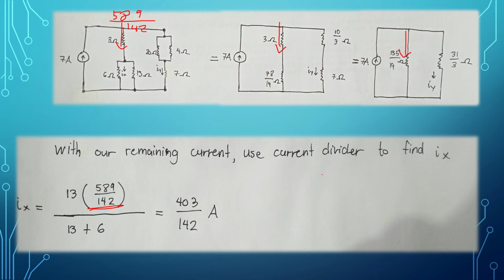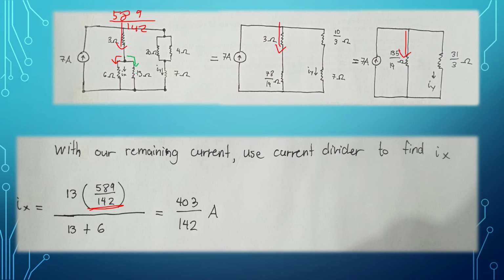And then we just use current divider again, because this current splits up into two, here and here, since it's parallel, right? Current does not stay the same when it's in parallel. So in solving for Ix, again we use the resistor opposite to the resistance that we want to get.